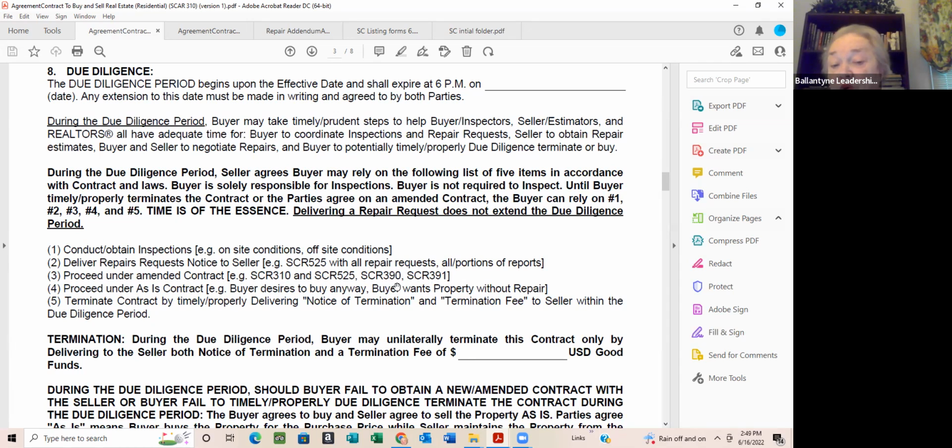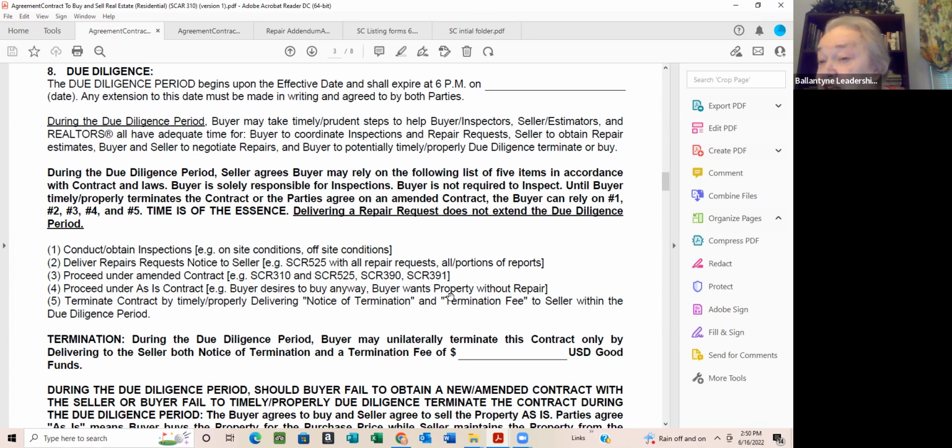There are 2 other forms that it might be on. These are general. That 390 is just a blank basic addendum that sometimes you might need to use. And 391 is something that's called clauses that can be added to the contract.